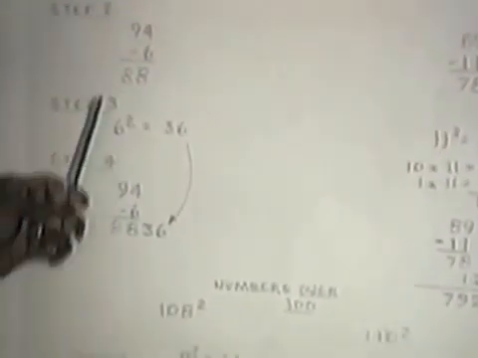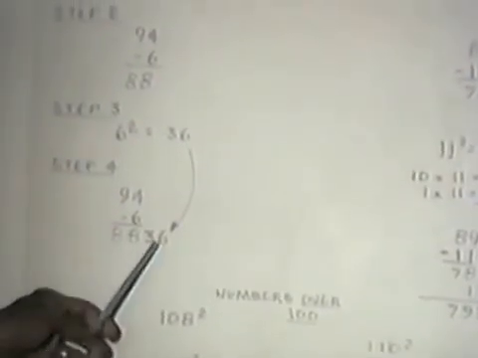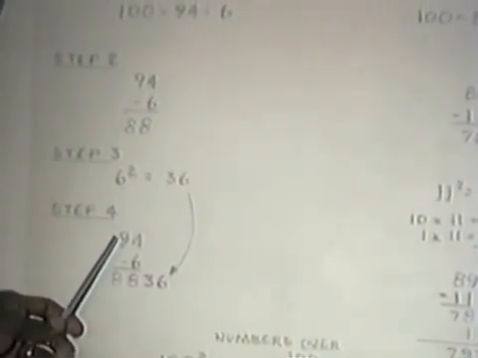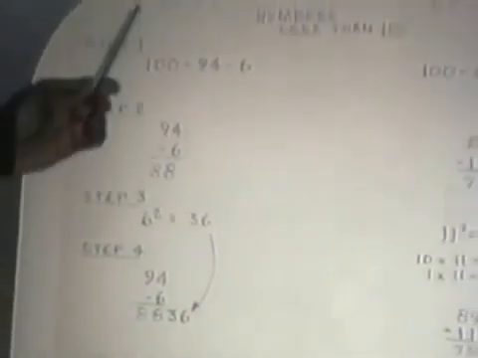The third step is to square that 6. 6 times 6 is 36. Now we have the 88 and the 36. So 94 square, or 94 times 94, is 8,836. Let's do it again. What is the square of 94, or 94 times 94?